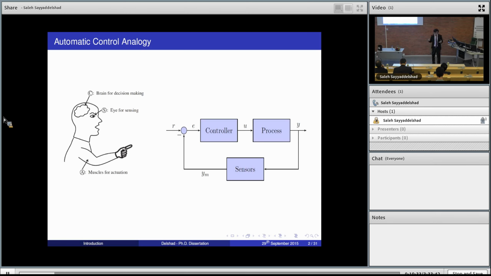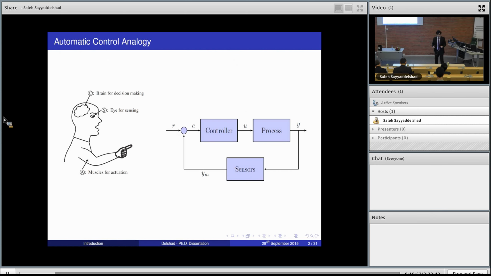But in my thesis, I'm focusing on virtual sensor design. I use the term virtual sensor, or observer, because in order to understand how a plant works, we need access to some quantities that sometimes are not basically measurable.